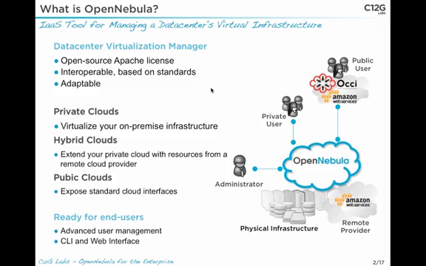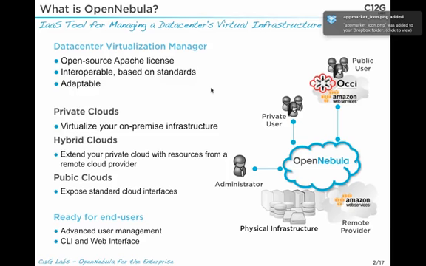You can also turn your physical infrastructure into a hybrid cloud with the components that OpenNebula ships to integrate with public clouds like Amazon EC2. This is a nice way to offload, outsource your computing needs in case you have to satisfy peak demands that cannot be satisfied with your current physical infrastructure.